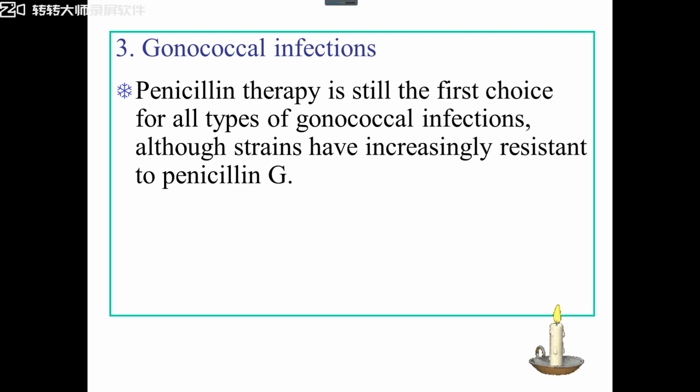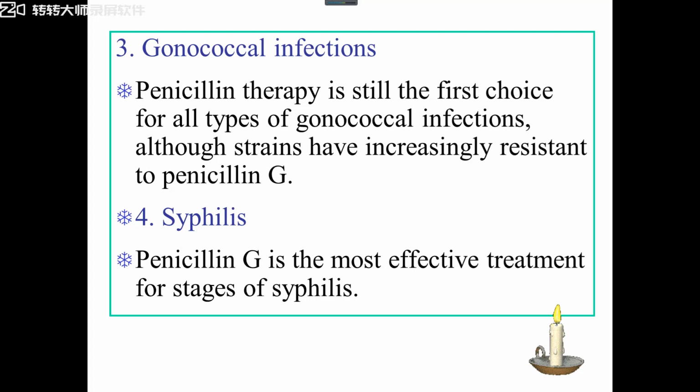Even with drug resistance, penicillin G is still the first choice agent. Number 4. The fourth clinical use: syphilis.